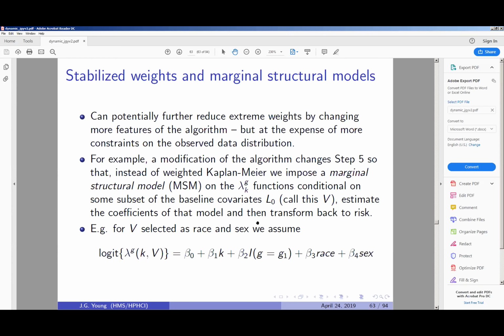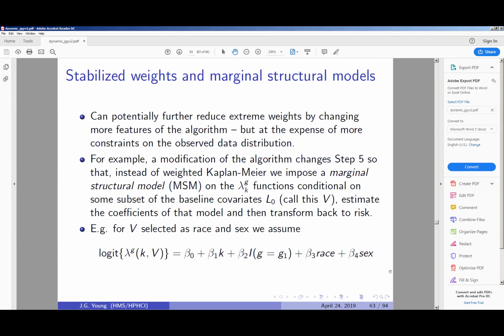So, for example, if we selected the subset, which we can call V, as race and sex, we might assume that, say, the logit of that lambda function equals beta 0 plus a linear function of k, an indicator of whether G is G1 or G2, race and sex. So this is a restrictive model.